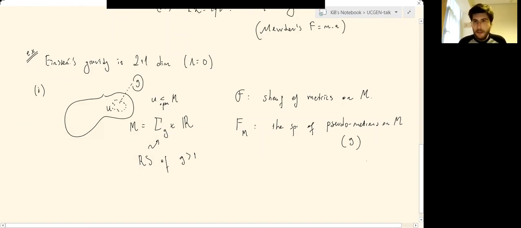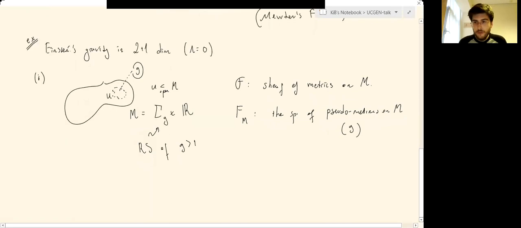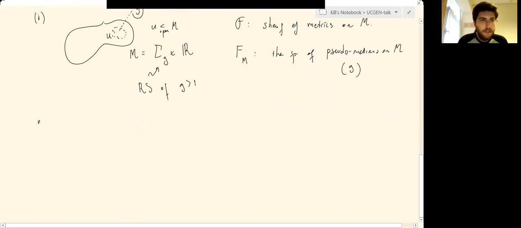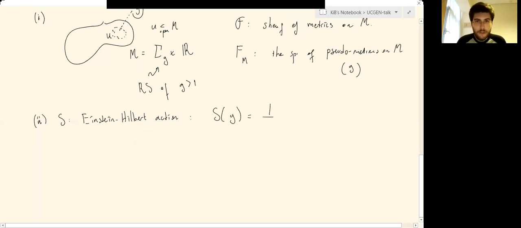And fine, of course, we should specify the other data. In general, S will be given as the usual Einstein-Hilbert action. It is given like this, so we have some coefficients here. It's three-dimensional, remember, so we have these volume elements.